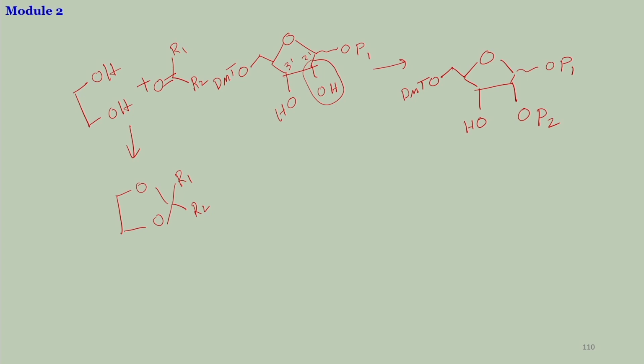In this case, the idea is that first you protect the other parts, and then you can protect the C2 position. So at the beginning, without the DMT, the starting point is you have P1, this OH and a free OH.